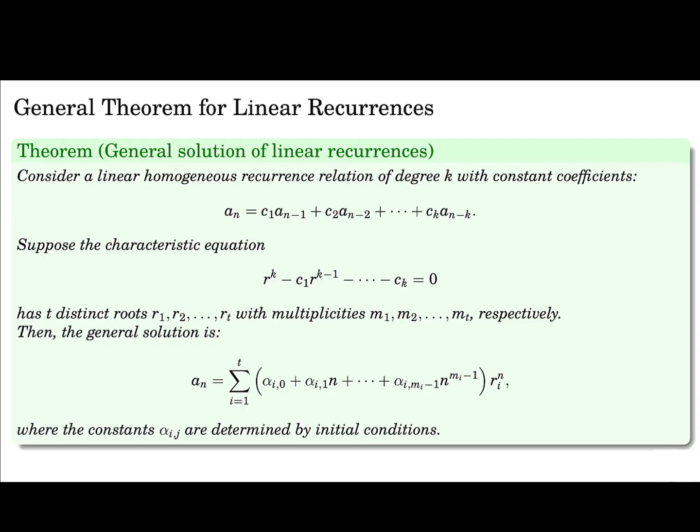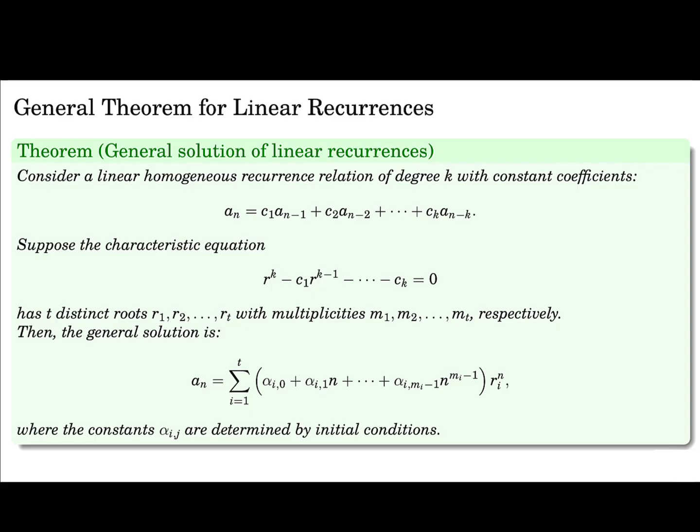Now, if the multiplicity is 2, and we saw an example of that before, this is going to be a polynomial of degree 1. So it's going to be something of the form alpha 0 plus alpha 1 times n. Now, if this has multiplicity 3, it'll be a polynomial of degree 2, so it's going to be some alpha 0, some alpha 1 n, and alpha 2 n squared, and so on.